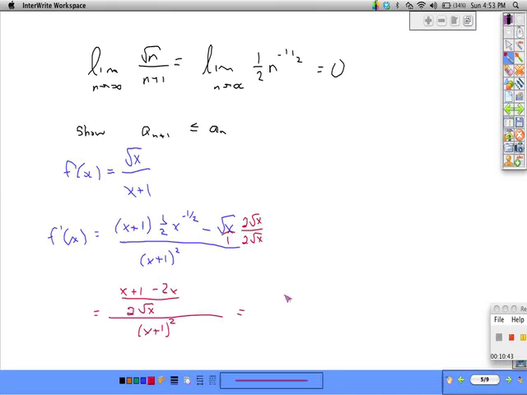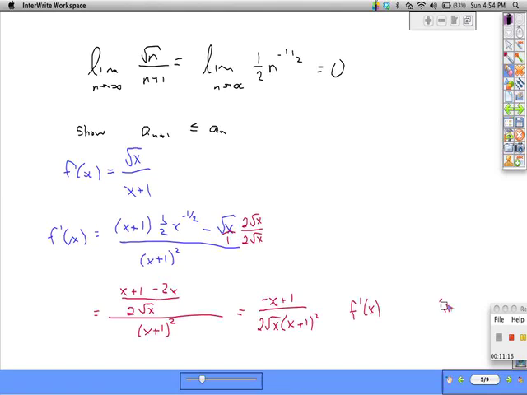And so my derivative in simplest form would be negative x plus 1 divided by 2 square root x times x plus 1 squared. And for this, because x is always a positive number with this series, f prime of x, the derivative, is always less than 0, thus f of x is decreasing.